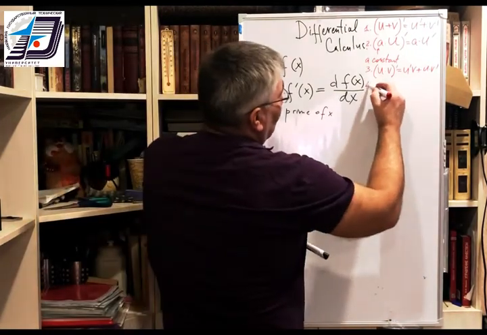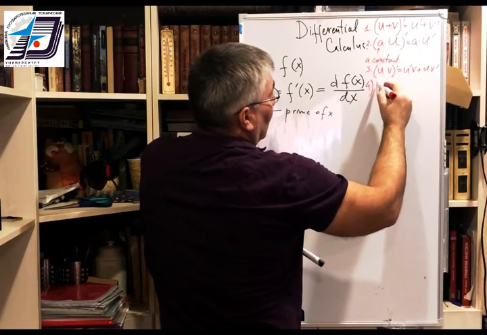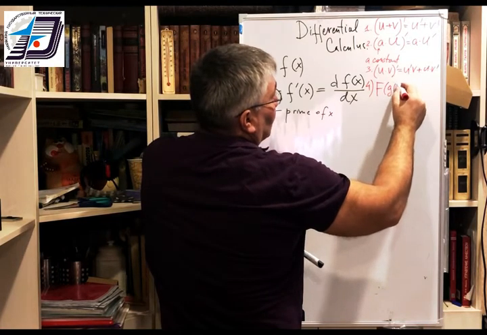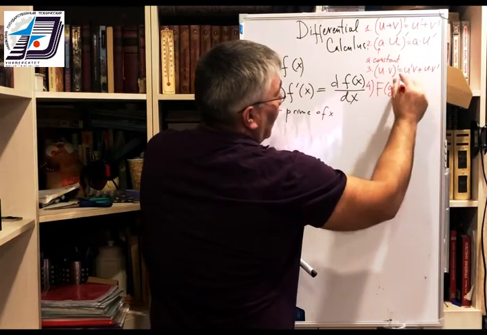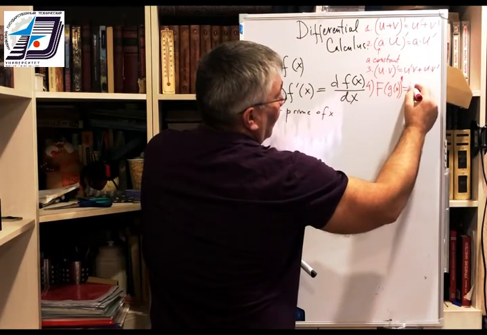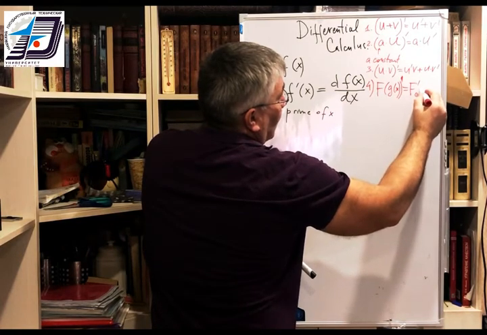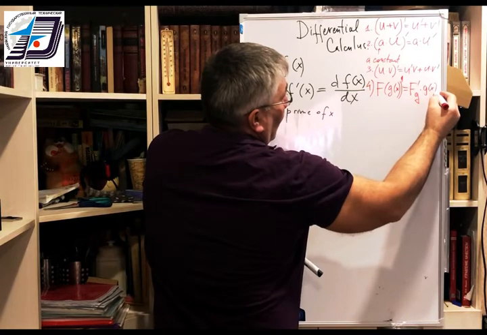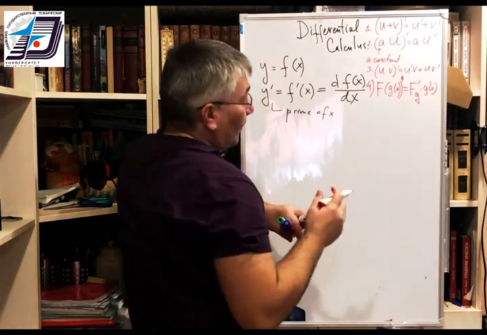And the last rule here is about the compound function. If f of g of x is a compound function, we firstly have to calculate the derivative of f with respect to g times the derivative of g of x. This rule is the most confusing for students.